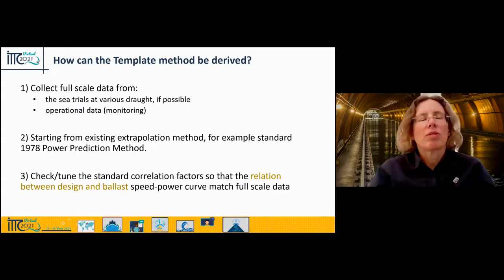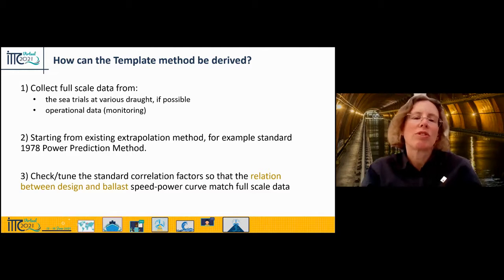But then we come to the problem, how should we derive this template method, whichever it is? And the working group will follow this work. First, we'll collect full-scale data, preferably from sea trials at various drafts or operational data of high quality.